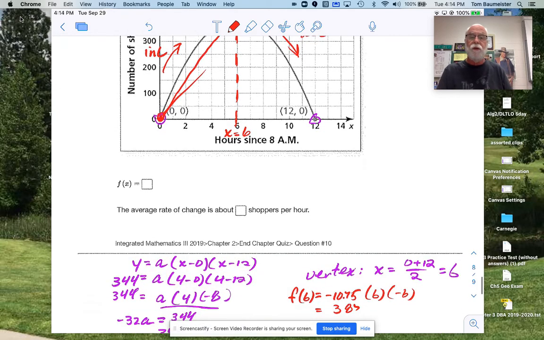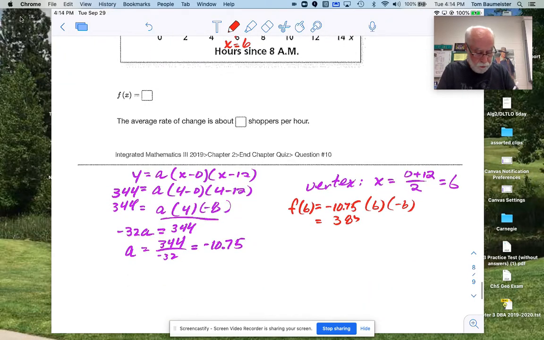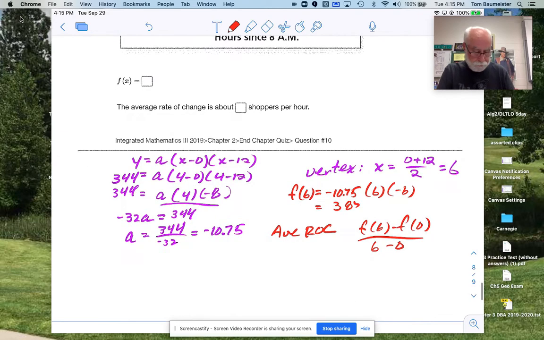And that's what the average rate of change is, right? So we're going to say that our average rate of change, remember I called it ROC because I got tired of writing it, is f of 6 minus f of 0 over 6 minus 0. So again, it's just the slope, ladies and gentlemen.